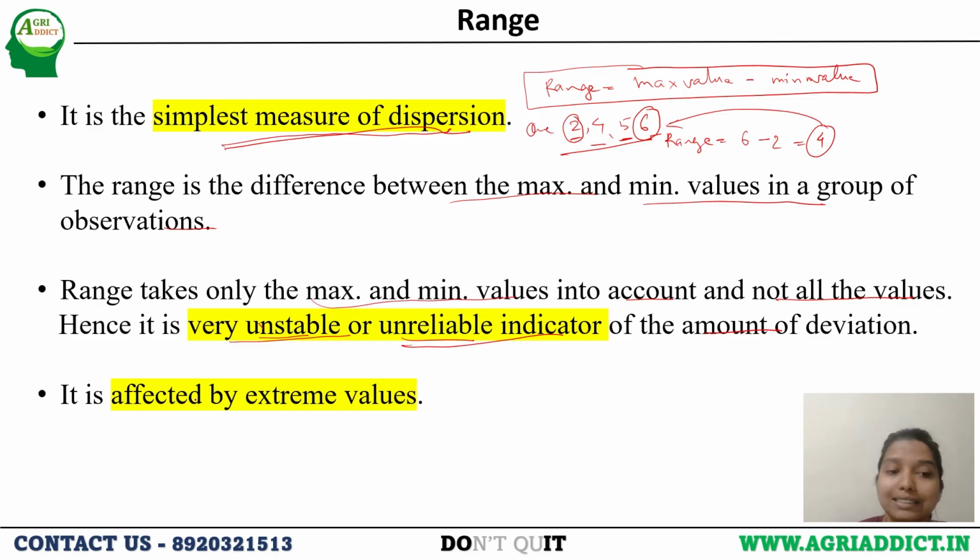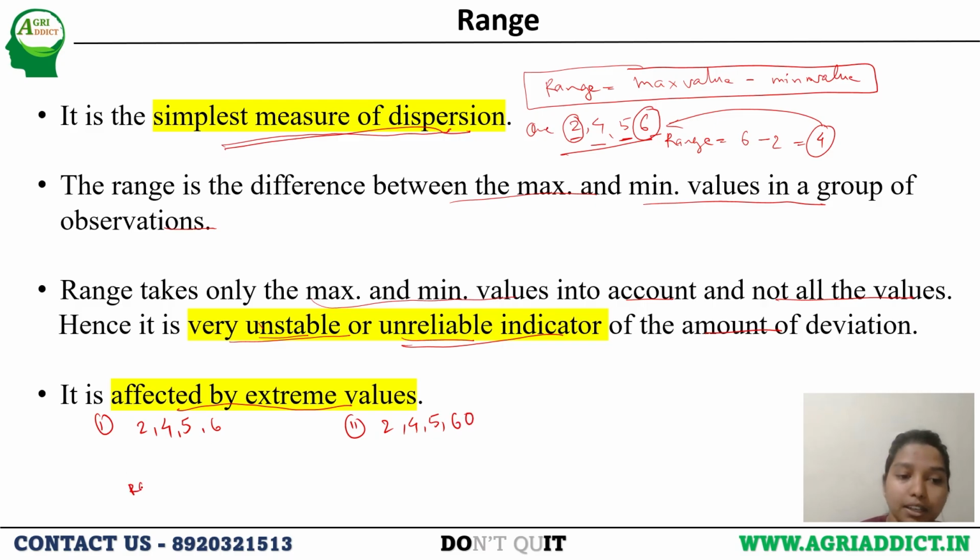Okay. The next point is it is affected by extreme values. Why? This I'll be describing to you. Say one scenario is there here 2, 4, 5, 6 is there, and another scenario it is 2, 4, 5, and in place of 6 we'll be keeping 60.